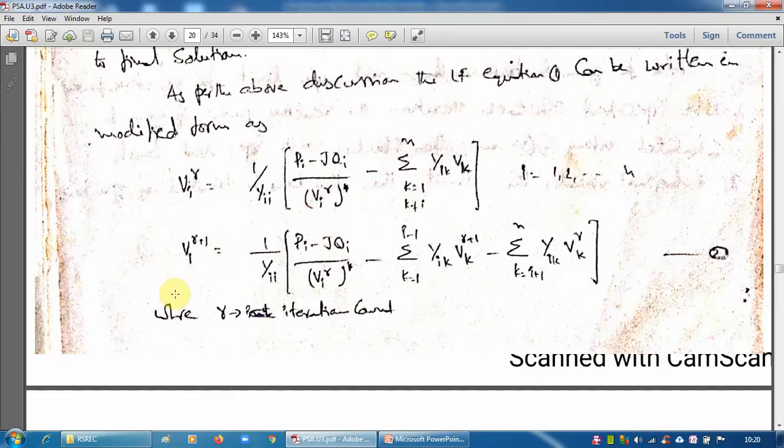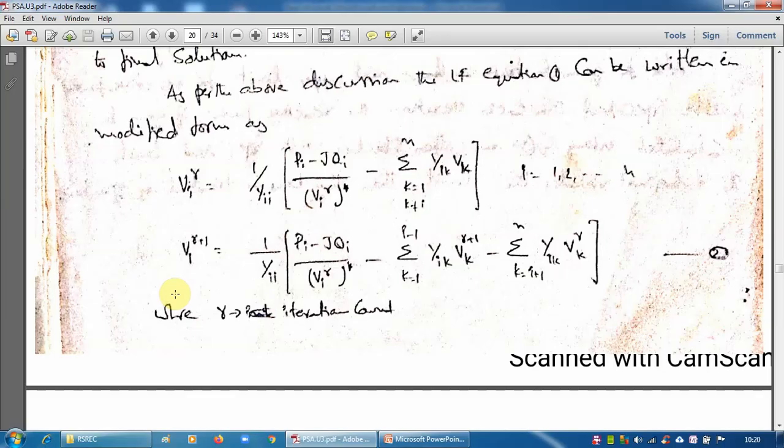This difference must be very small. Ideally that difference must be 0, but in the iterative process we will not take 0. If you take 0, we will meet with a convergence problem. So don't take 0. Instead, select that difference to be very, very small, for example 0.0001.